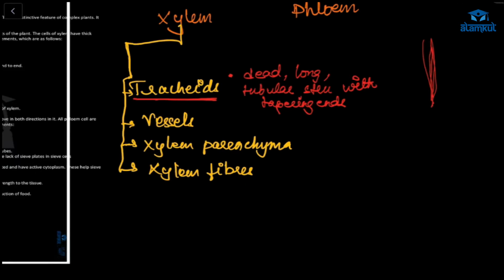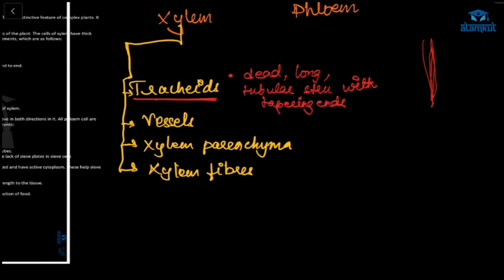Ma'am, what is written in the structure? I have just written the short form. Should I write it fully? You guys can write it fully, okay? No, ma'am, it's fine.